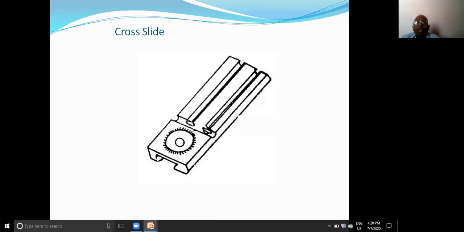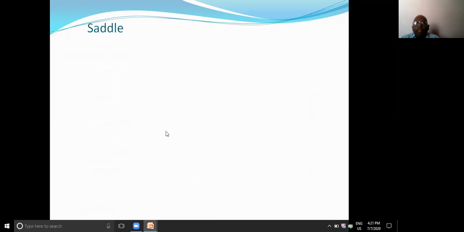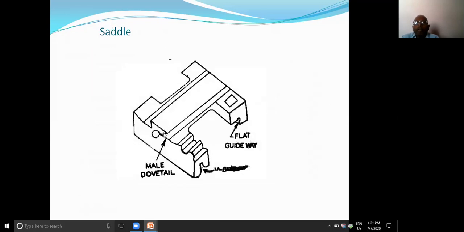The internal dovetail groove provided on the bottom of the cross slide is placed over this male dovetail.